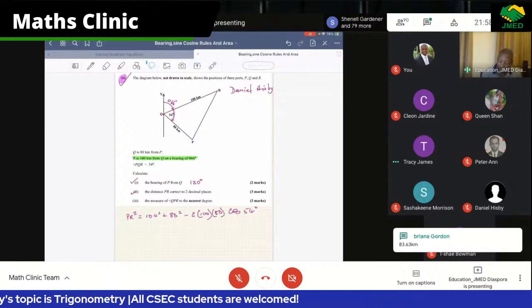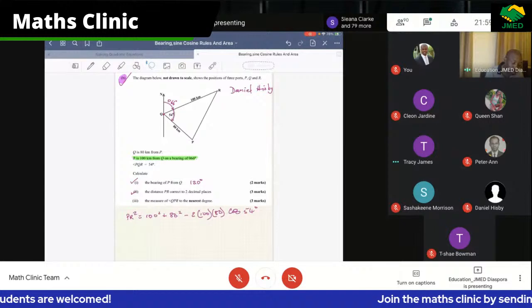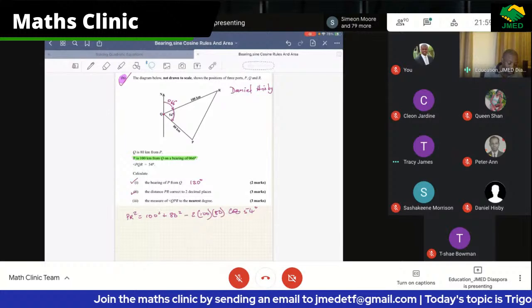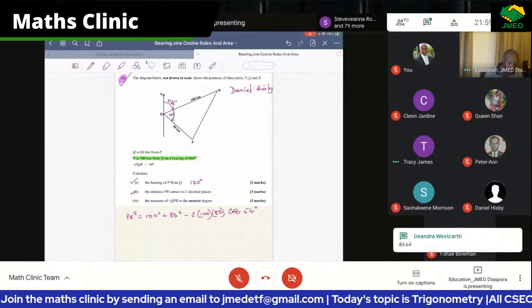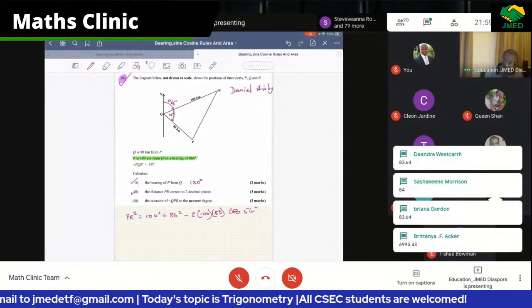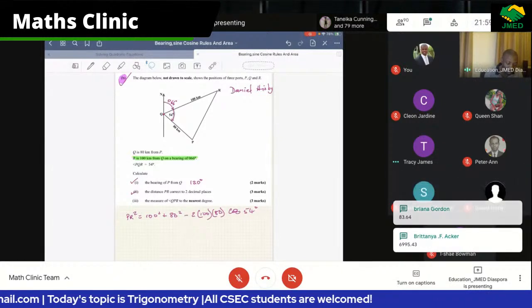Because we're going to find what now? The square root of 100 squared, minus 80 squared. No, not minus. Why am I saying minus?